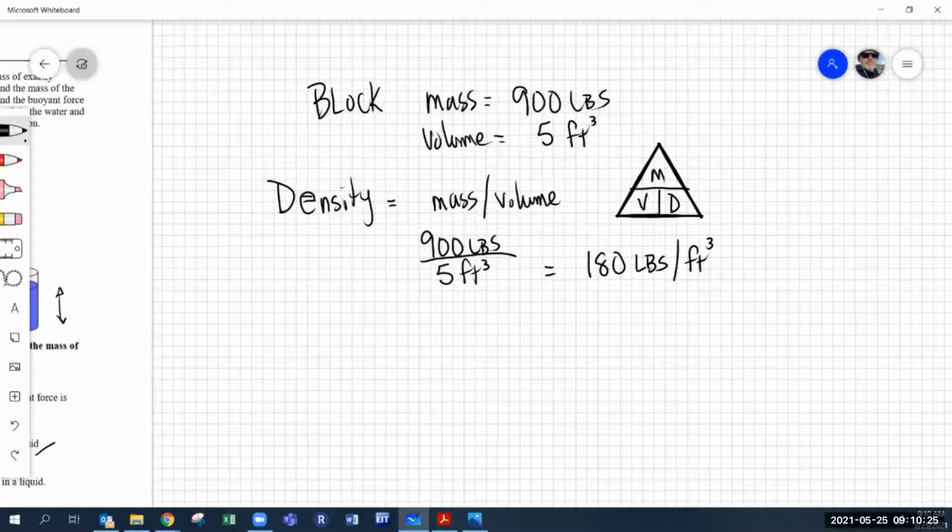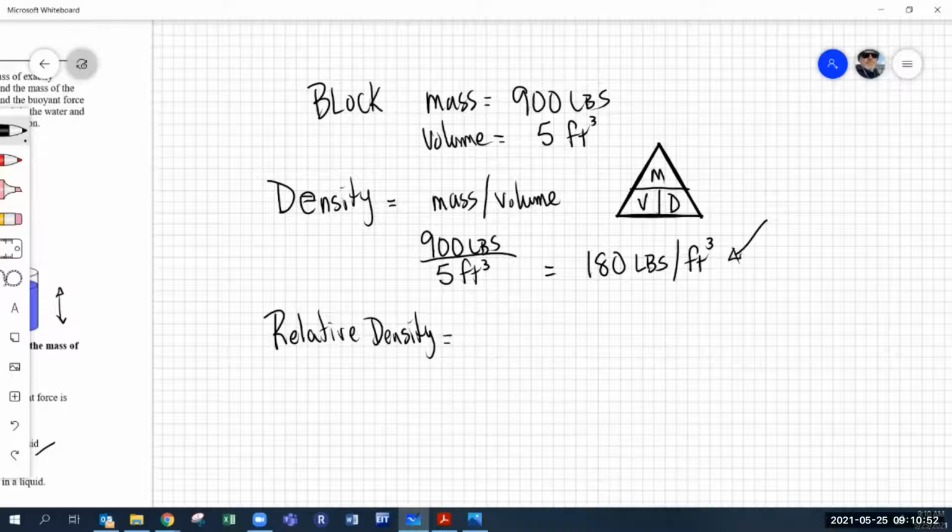It becomes very important that you get your increments of measure correct, right? And always label them on your numbers. Now, the next question I'm going to ask you is, what is the relative density of this object?